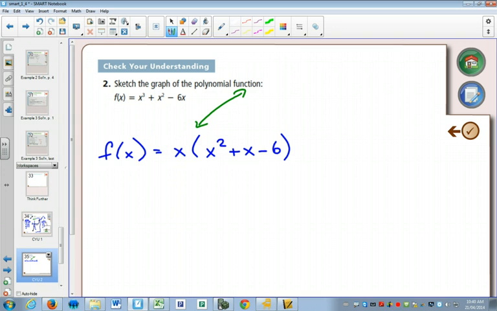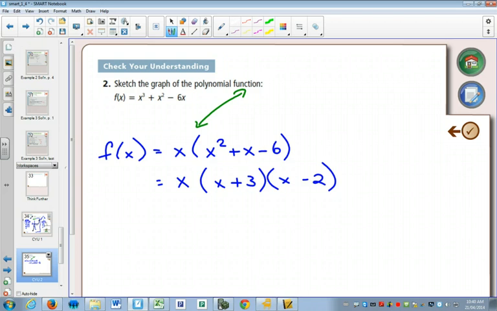There's a common factor of x I can take out. Then I'm left with a quadratic, so I can factor that further. Minus 6, so we'll go plus 3, and minus 2 will give me a plus 1x in the middle.